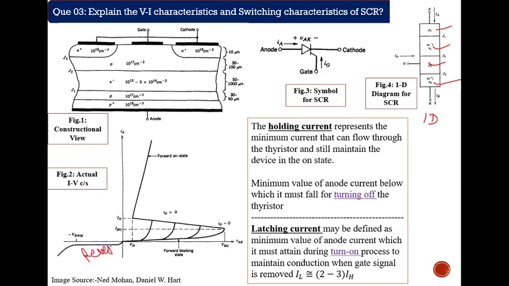This is called the reverse blocking mode here. And this is the forward blocking mode, because the device is still turned off, and this is the still turn on case.